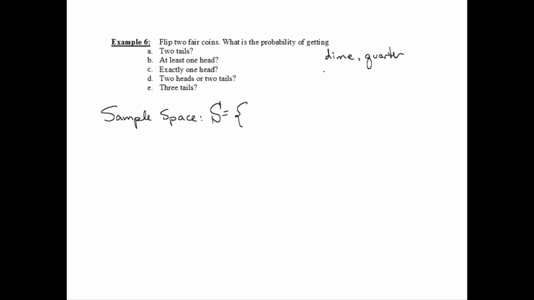Okay, I know it doesn't say the 2 coins are different, but this will help us to think of the possibilities of if we throw them down or flip them, what are the possibilities for the dime? We could get heads or we could get tails. What are the possibilities for the quarter? We could get heads or we could get tails.